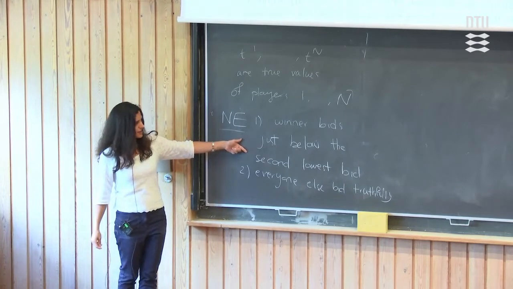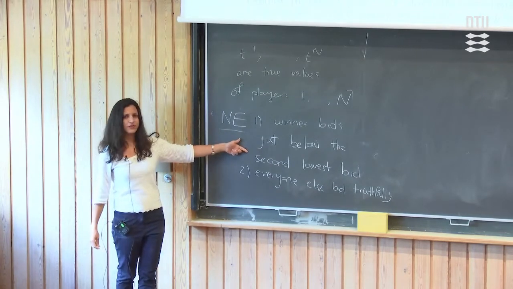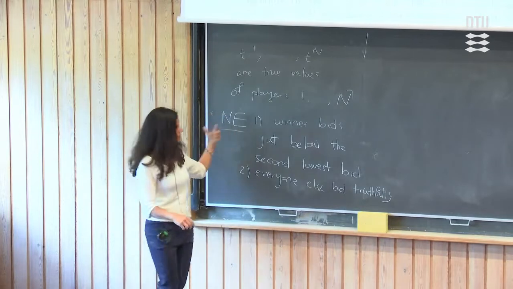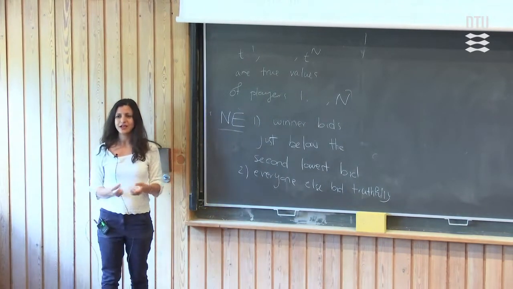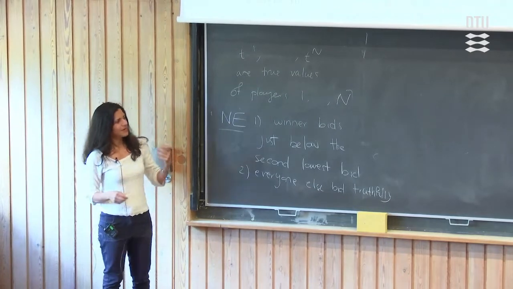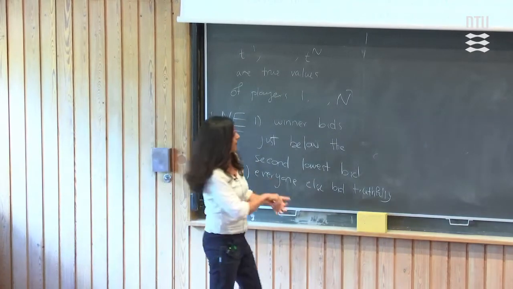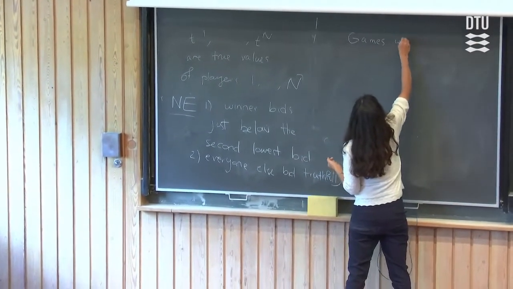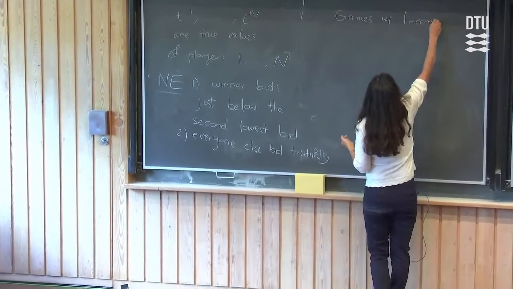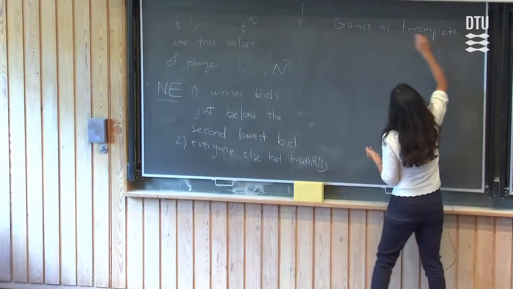So this is an instance of a game with incomplete information. You don't know who else is participating or what their true value is, so you can't really compute your Nash equilibrium. That brings the topic of Nash equilibria in games with incomplete information.